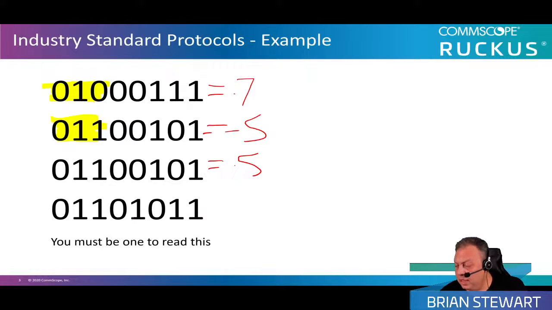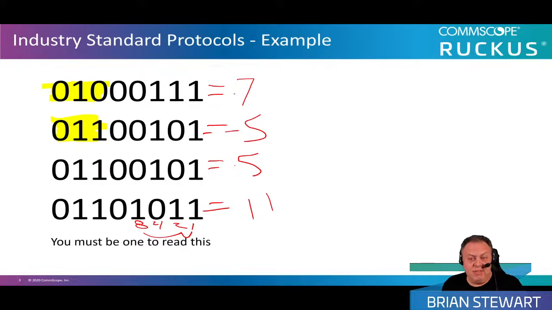But I look at this in columns, so I have a value that equals 8. There's nothing for the value that would be a 4. There's a 1 on the 2 and a 1 on the 1 value. So I take 8 plus 2 plus 1 and add those together, and I have a value of 11. So now we have 7, 5, 5, 11.